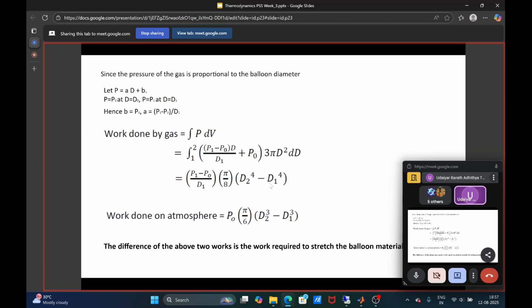So this is the work done by the gas, and then the work done on the atmosphere is nothing but the change in the volume times pressure P naught. Here if you see, these two are not equal. Ideally the system plus surroundings should be 0, right?